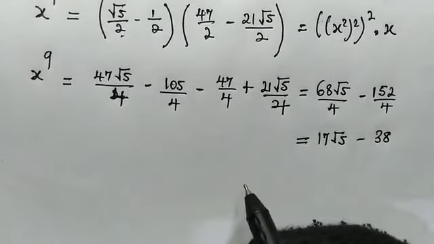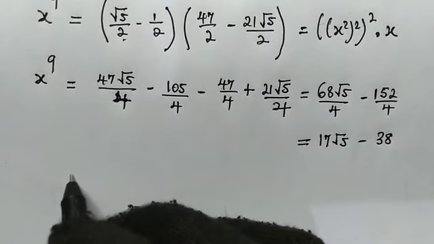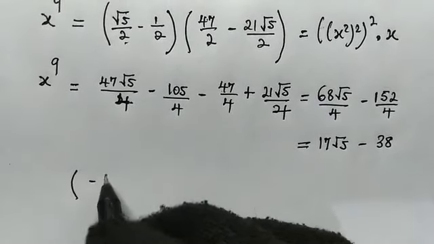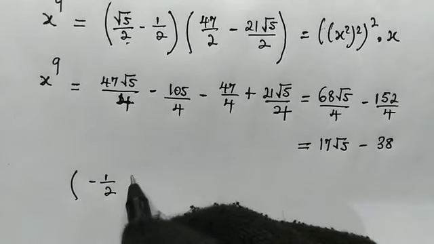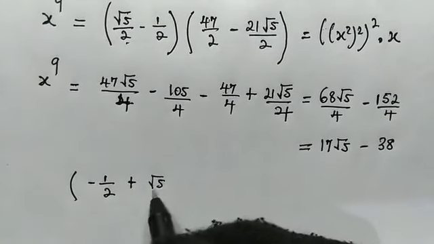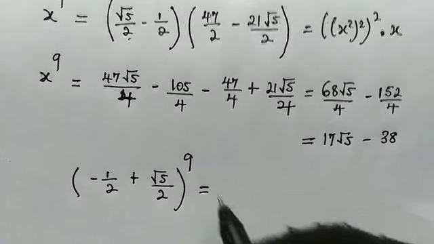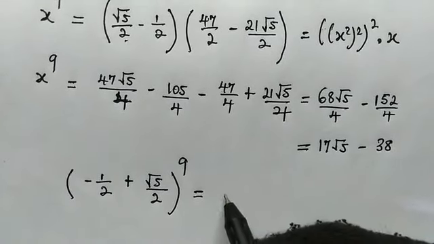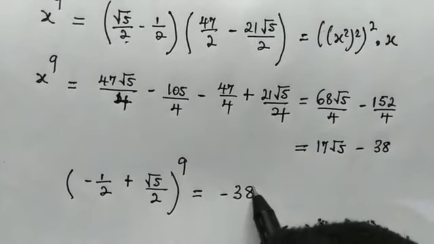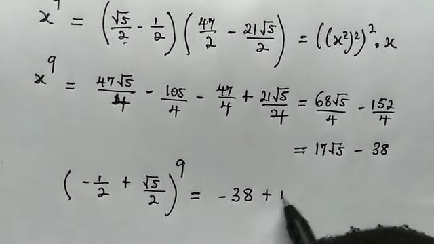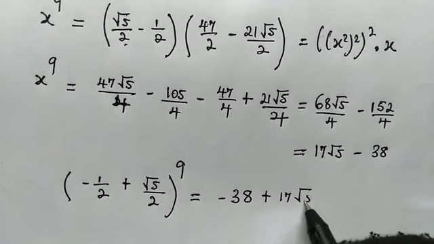Okay, so here we have our solution now. That's negative 1 over 2 plus root of 5 divided by 2 to the power of 9 without a calculator is equal to, let me write it as negative 38 plus 17 root of 5.